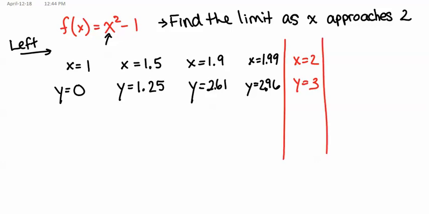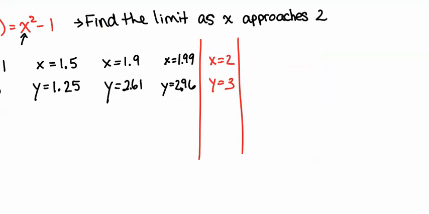So that's cool. I could also come at it from the right. I could start over here at x equals 3 and then start coming closer and closer to 2. I'm going to skip some because I don't want to do 100 calculations.